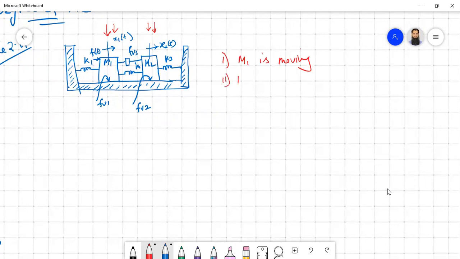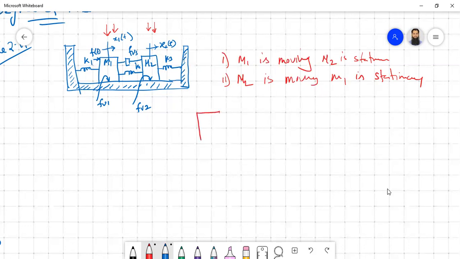Number two is when M2 is moving, and M1 is stationary. Okay, so free body diagram again.